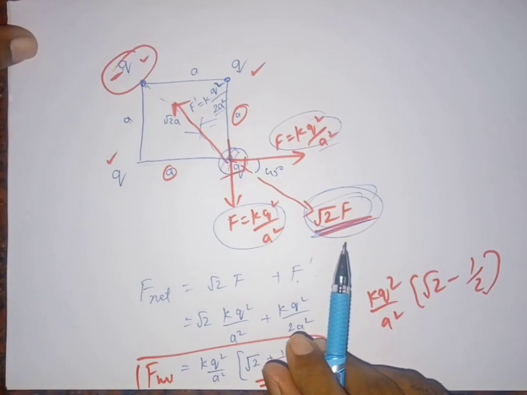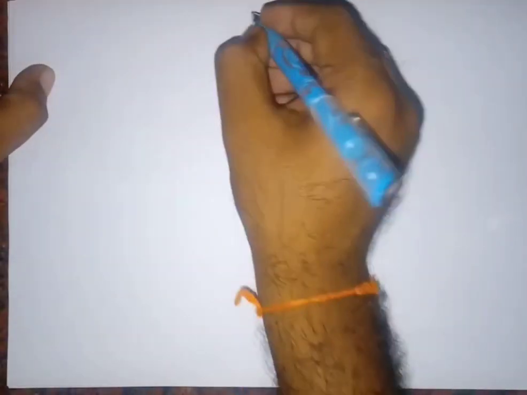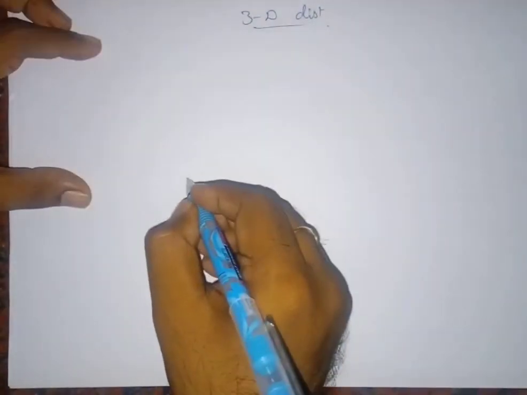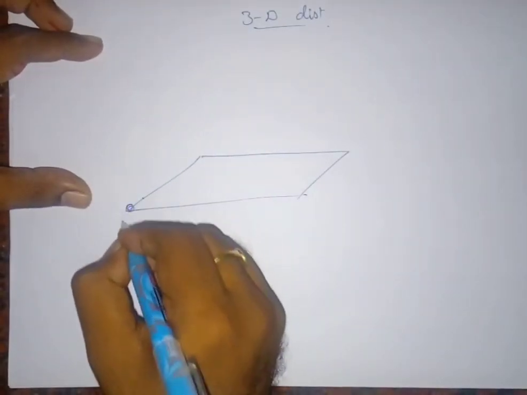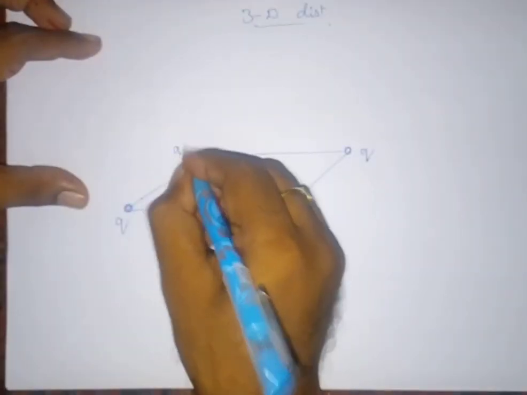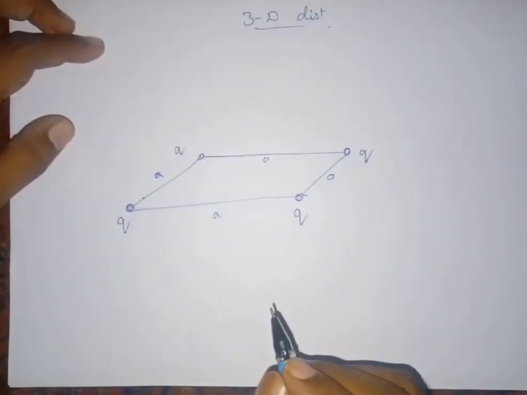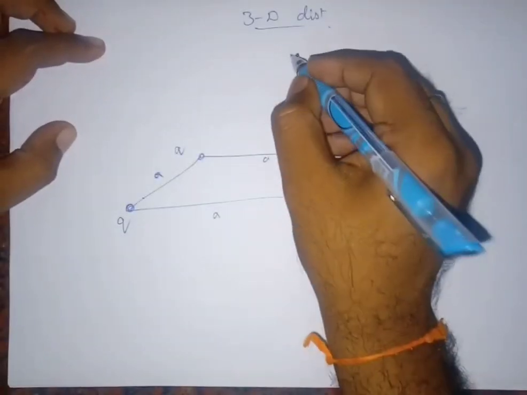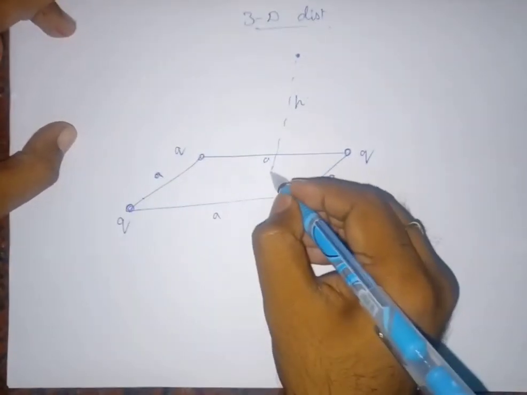Now let us take a three-dimensional distribution. So 3D distribution. Let us consider four charges which are placed at the four vertices of a square. Still, it is a planar distribution and it is a perfect square. Now, let us consider one more charge which is placed at a certain height from the center.